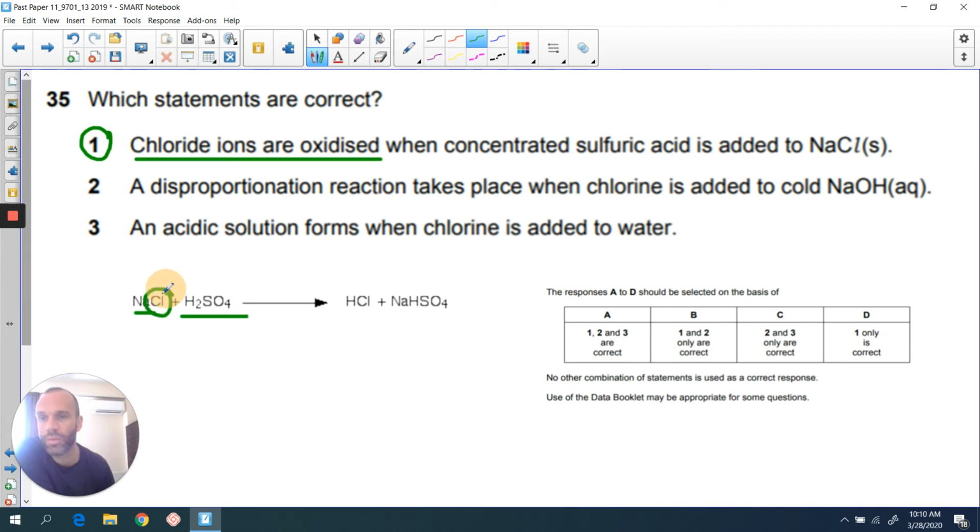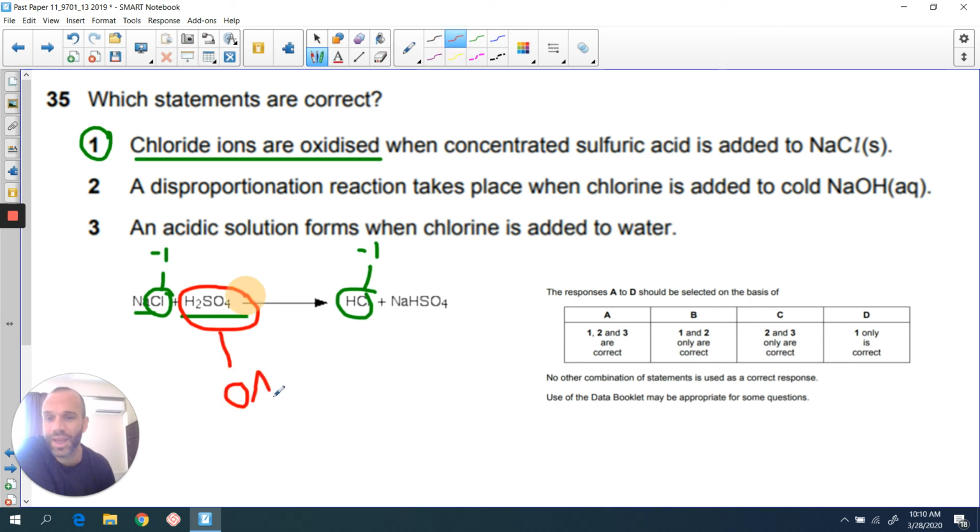Because we've got exactly the same oxidation state for the chloride ions going in and for the chloride ions going out. So there's no oxidation going on here. Just the important theory to know is that the sulfuric acid is indeed an oxidizing agent, but it's not a strong enough oxidizing agent to oxidize the hydrogen chloride poisonous gas produced.